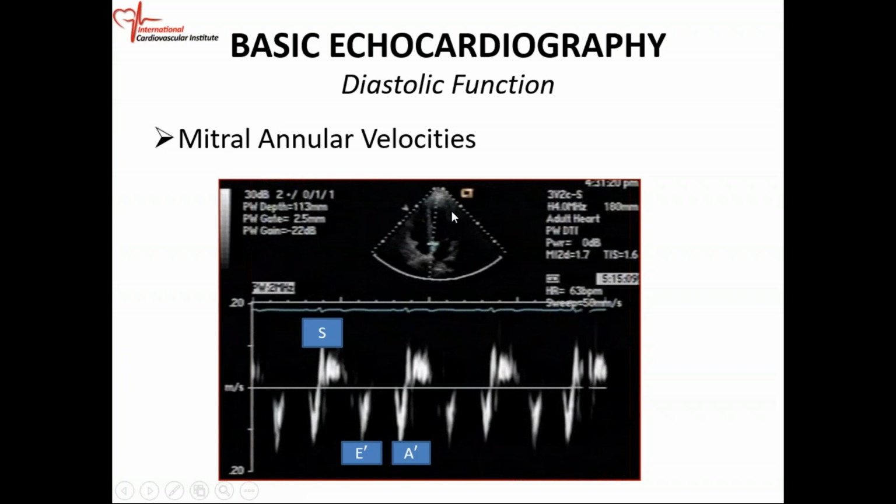Because the base of the heart moves upwards, it moves towards the apex in systole. This is your probe or transducer. If the base of the heart moves upwards, it's moving towards the transducer. Hence, you're going to get an upward deflection, a deflection above the baseline, your so-called S prime or your S wave.